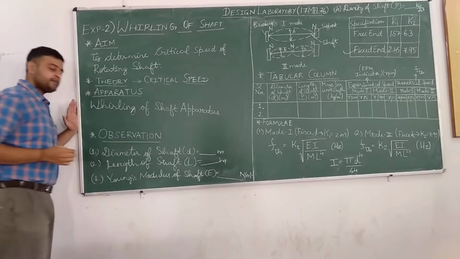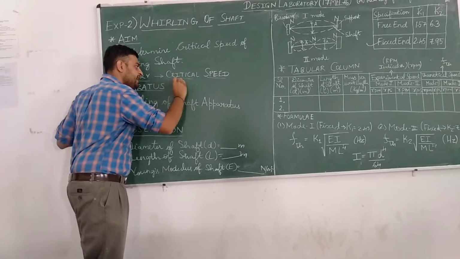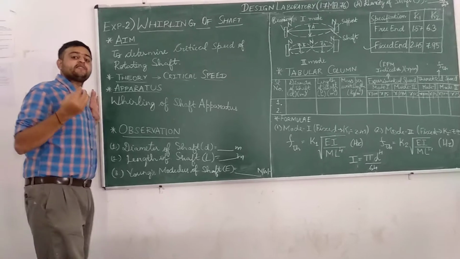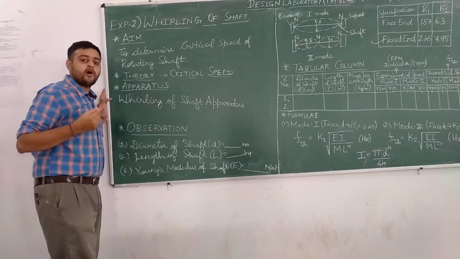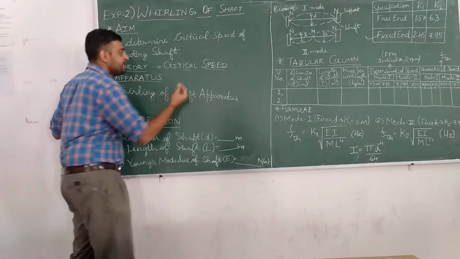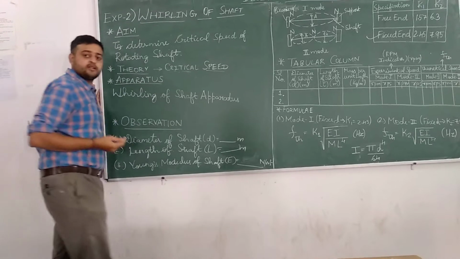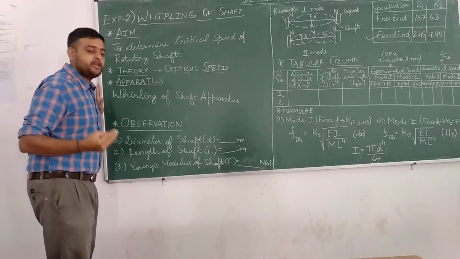You have to make sure that any system does not reach this critical speed, because excessive vibration of the shaft will take place at critical speed, which can cause structural damage to the system. So it is necessary that we know the critical speed of the system before running it, so that damage caused is minimized.